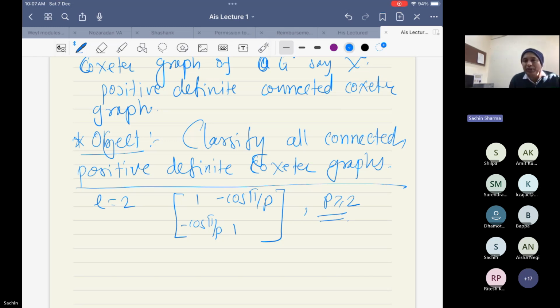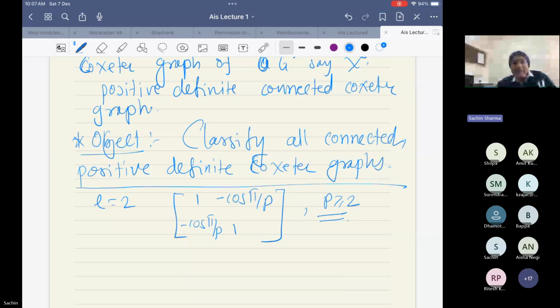Is this matrix positive definite? Yes. Anybody? So what is the equivalent condition for a symmetric matrix to be positive definite?